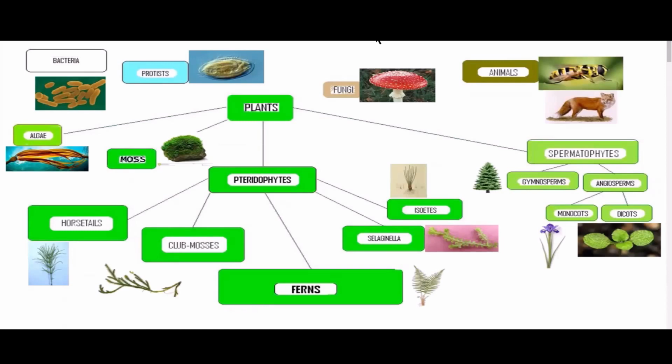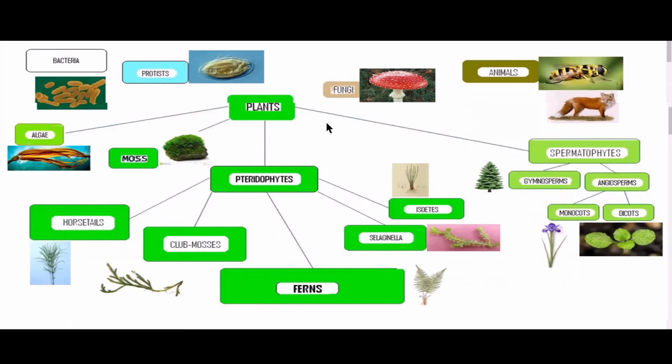So this is a picture of life on Earth and how it's categorized. The first to exist were bacteria, little single-celled creatures, then plants, which we'll talk about more, fungi, and animals. That's pretty much how they're categorized. We're talking about plants.